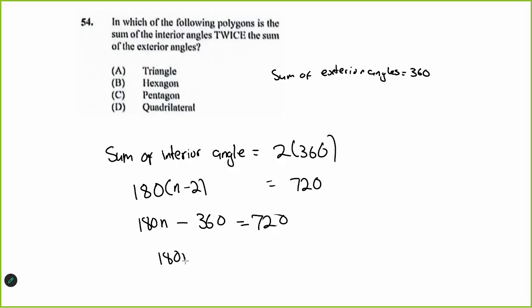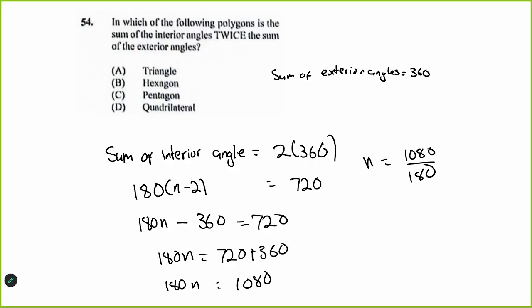So 180n is equal to 720 plus 360, which is 1080. So n would be 1080 divided by 180, and you will get 6. A 6-sided shape is a hexagon. So the answer is B.